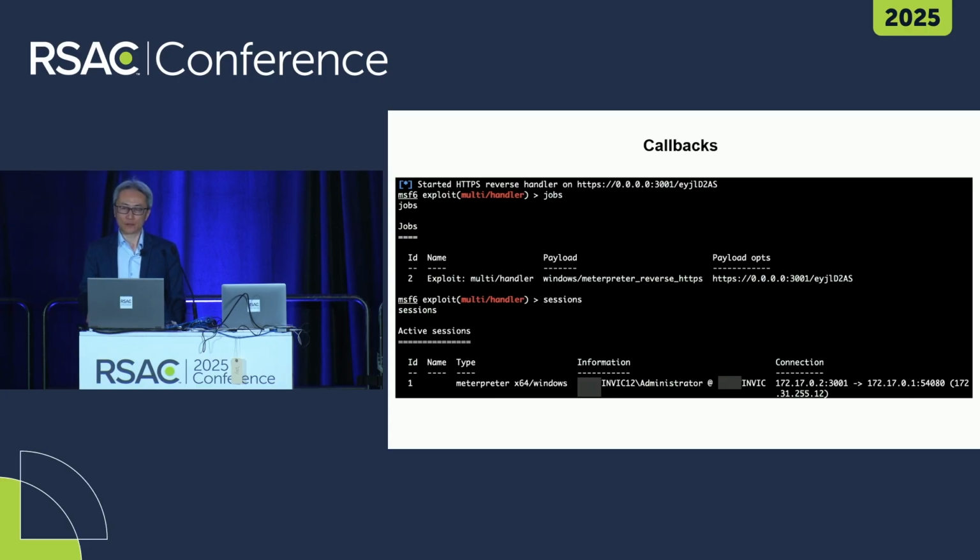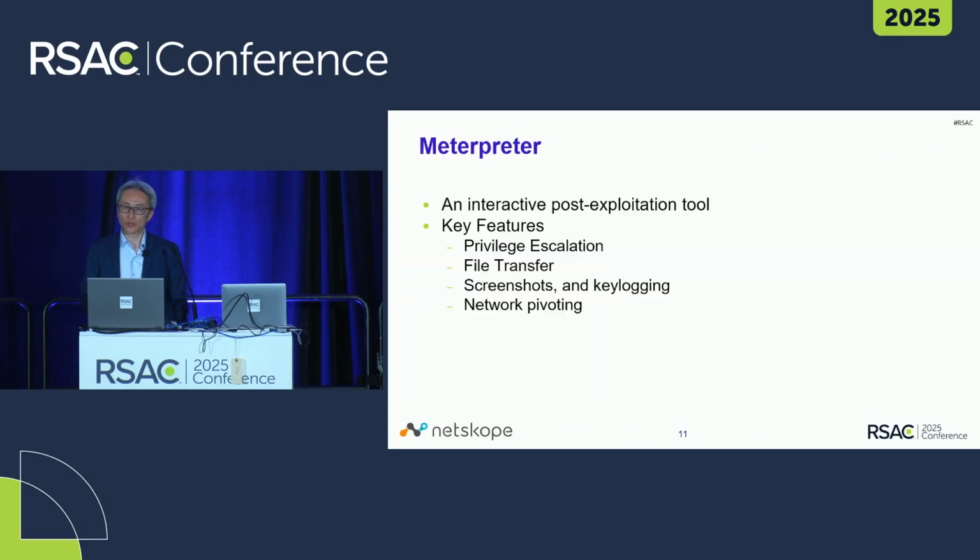And once the victim calls back by executing the C2 agent, the attackers can further control the victim machine through this text-based user interface. We call it the Meterpreter in the context of Metasploit. The Meterpreter is actually a post-exploitation tool that allows the attackers or the operators to conduct activities toward the victim machine.